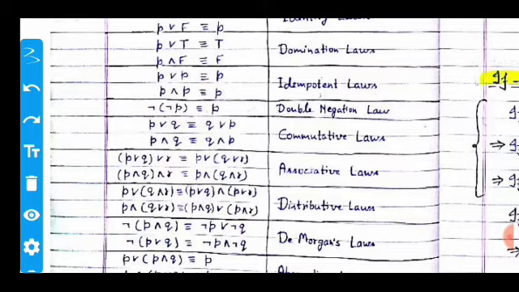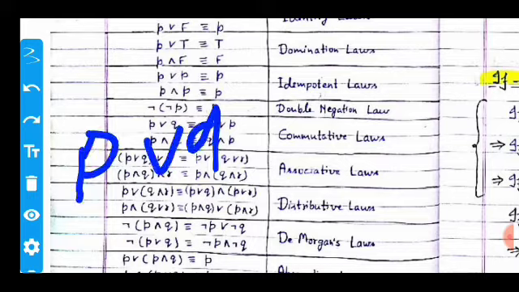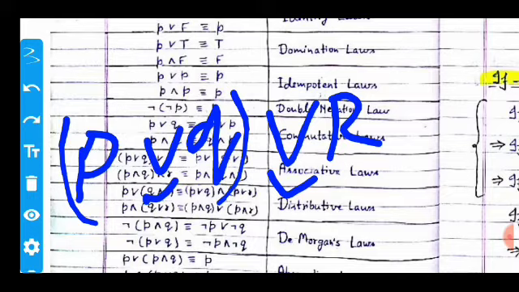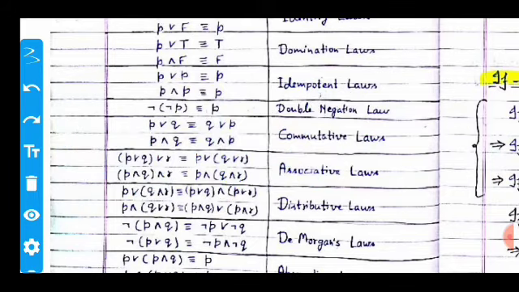So here just the positioning of the brackets is changed, but the main thing is that the operator is always the same, not different. Meaning P or Q or R, the operator is the same, not different. Then the associative law is performed.